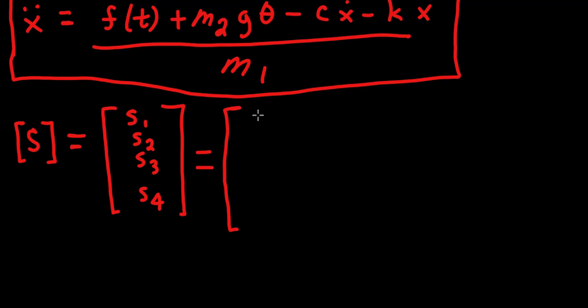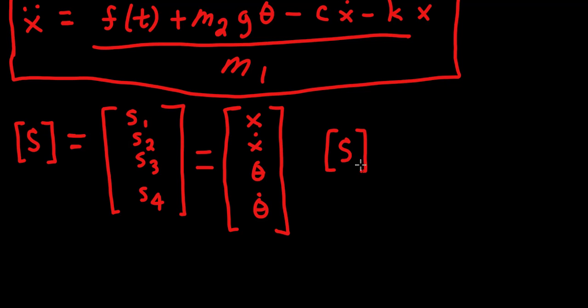And those guys are X and X dot, and also theta and theta dot, right? That in turn means that the derivative of our state vector, S dot, is just going to be equal to X dot, X double dot, theta dot, and theta double dot.